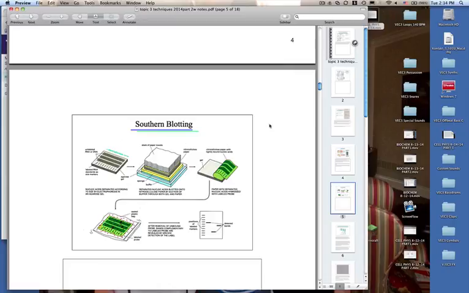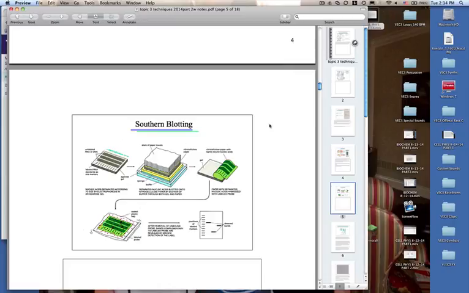Let's look at how this works, right? So we're chopping up our DNA, we're loading it up in the wells on a gel, and we're electrophoresing. Okay, same as we do with a regular agarose gel. Now, the key here is we take that slab gel, and we're going to, using a wicking, or you can use a current to do this, either way, you're going to transfer that DNA that's run in this gel onto a membrane.